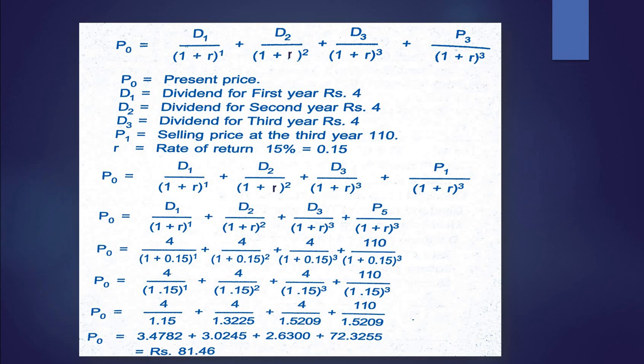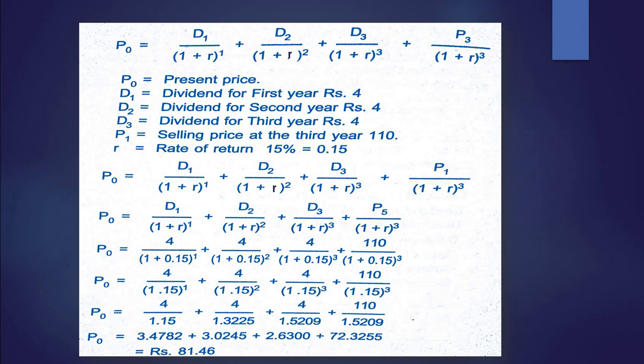Next, D3, 4 divided by (1 plus 0.15) raised to 3, plus we have to add P, which is nothing but our 110 selling price, correct? 110 divided by (1 plus 0.15) raised to N. N is nothing but the number of years. Totally there are 3 years, so here we are writing 3.